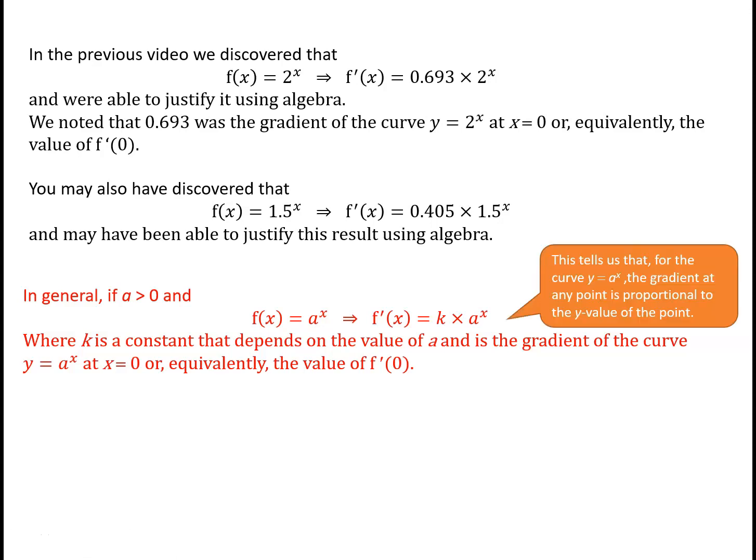Now this result tells us that for the curve y equals a to the power x, the gradient at any point is proportional to the y value of the point on the curve that we're considering.